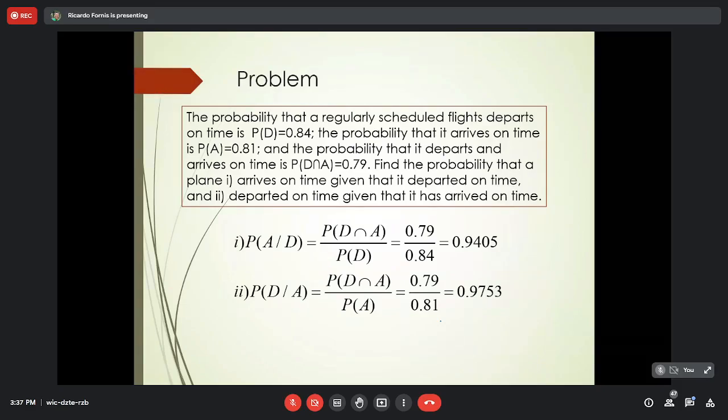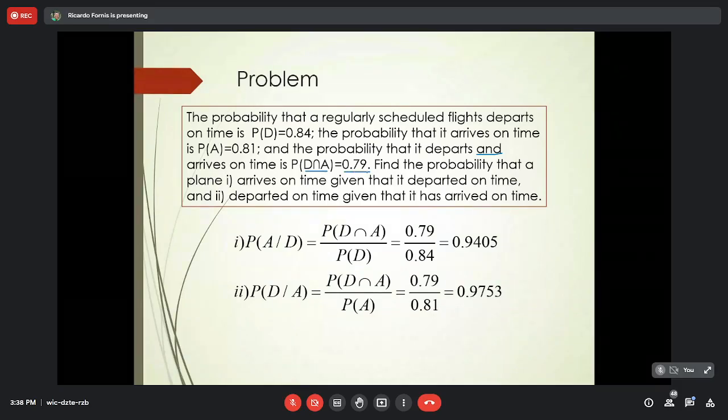And the probability that it departs and arrives on time, we call it P(D ∩ A). That's the probability that it departs and arrives on time. So take note of the connective "and", so we use the intersection symbol.